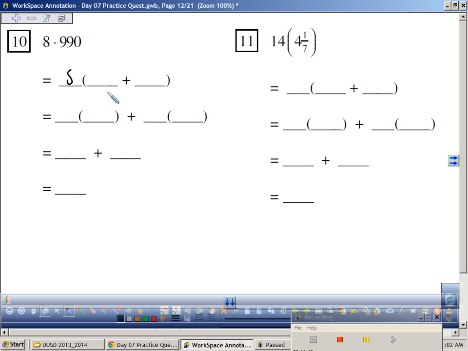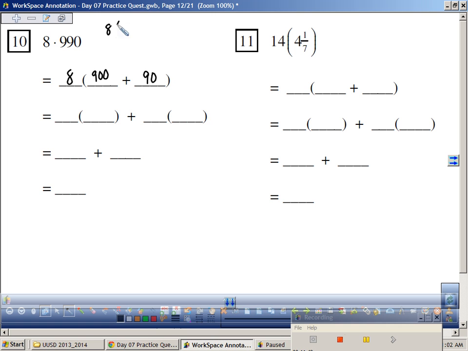I heard it. But who has their hand up? 900 plus 90. Anybody think of a different way to do it? 800 plus 190. Okay, but 800 plus 190, is it easy to multiply 190 by 8? No. I got an easier way.